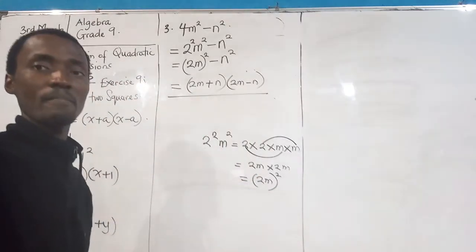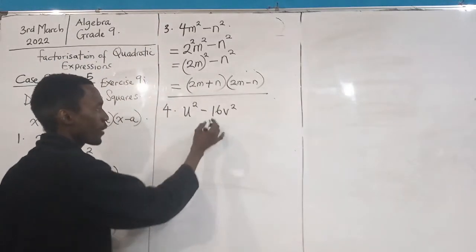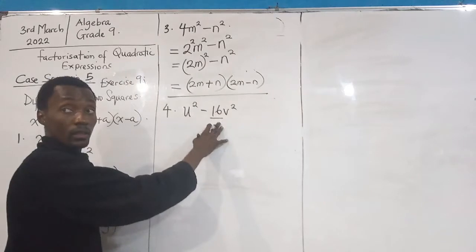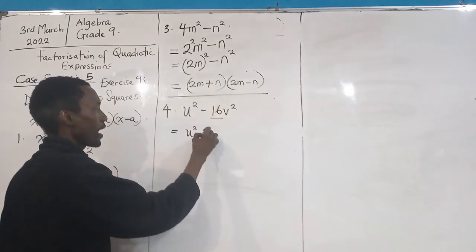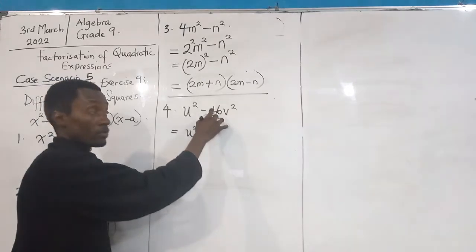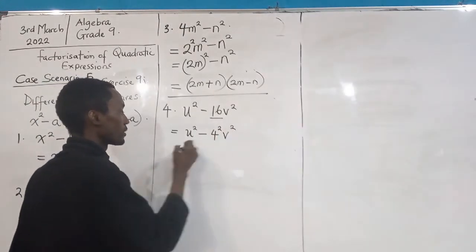Alright. Okay, so in question 4, you discover that where we have the problem is with this 16. So this will be what? u squared minus, what's this? 16 is a perfect square, so that will be 4 squared v squared.